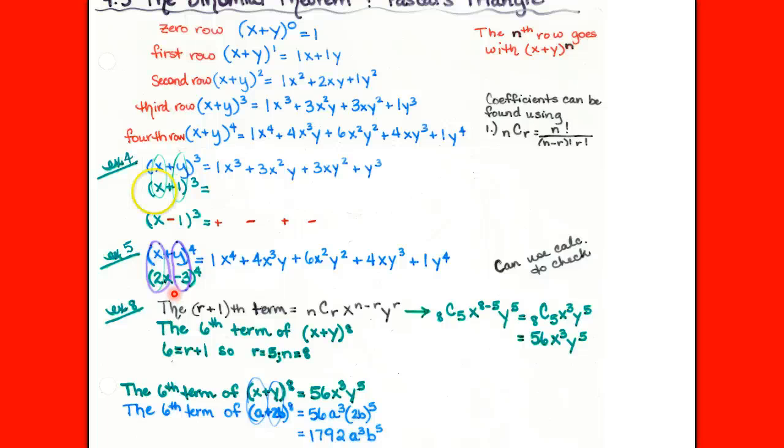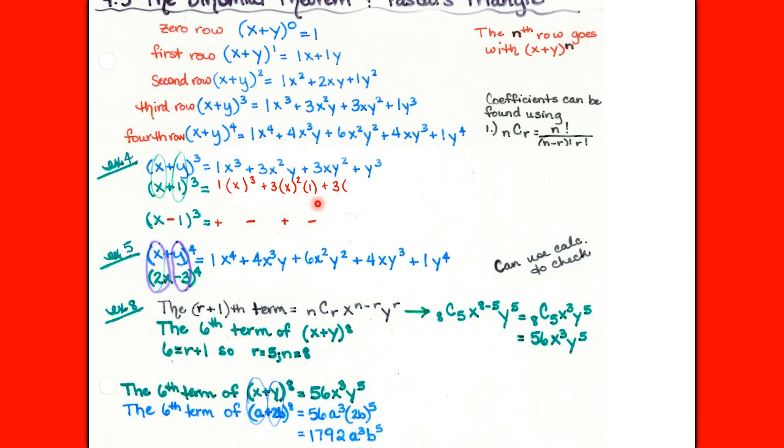I'm going to put the first value in the place of the first value, and I'm going to put the second value in the place of the second value. In this specific example, we're going to put x in for x, and we're going to put 1 in for y. So we'll come over to our formula and say, okay, in that first term, let's put x in for x and 1 in for y. Well, I only had an x, so let's put x in for x. In the second term, let's put x in for x and 1 in for y.